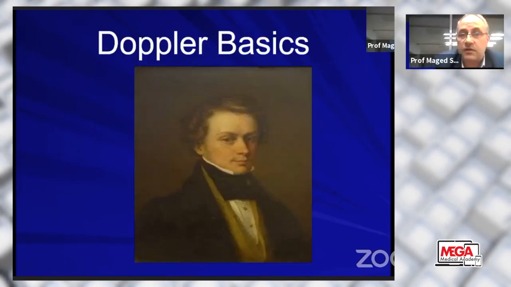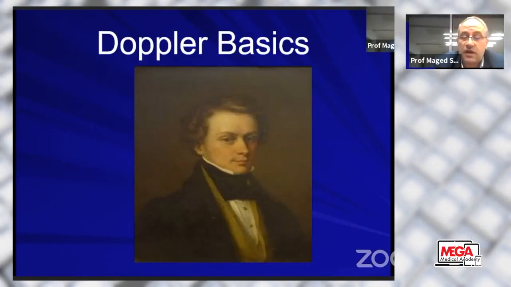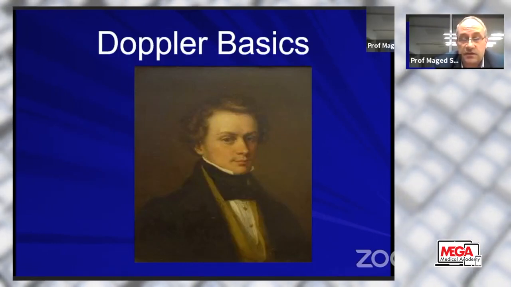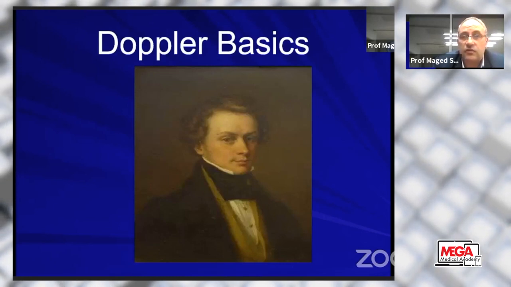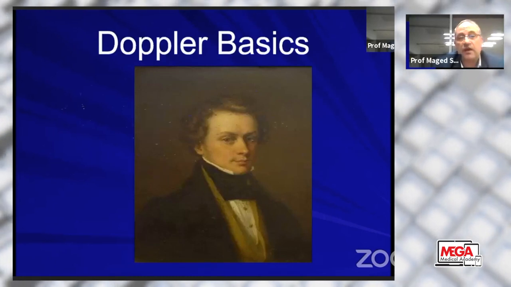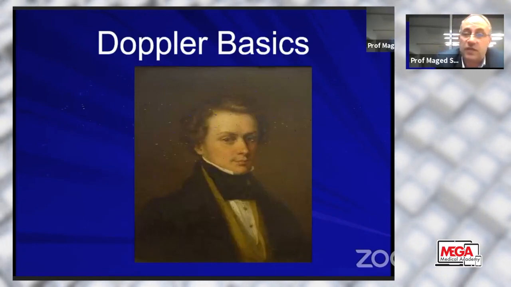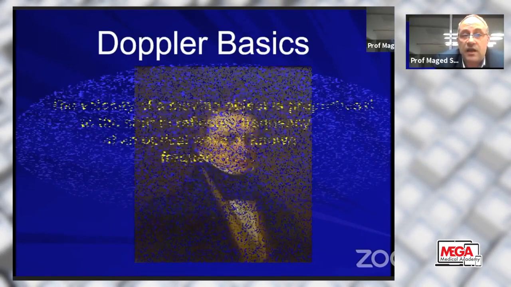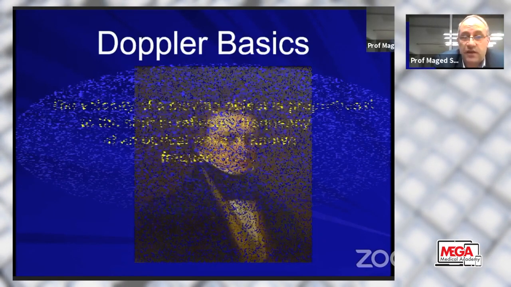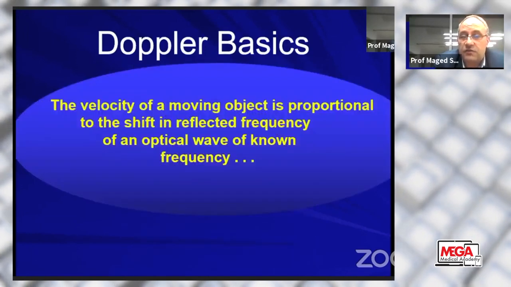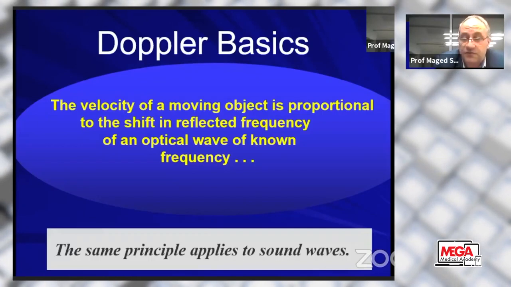We'll start with the Doppler principles, and of course we all know that Christian Doppler in the 19th century defined the Doppler basics. He stated that the velocity of a moving object, in our situation moving red blood cells, is proportional to the shift in reflected frequency of a wave of known frequency, and this applies to sound waves.